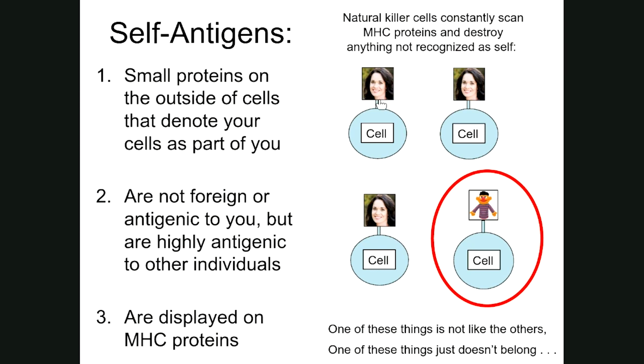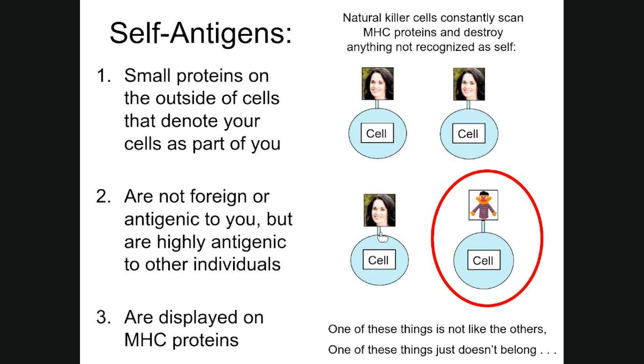I very often think of the self-antigens as a flag and the MHC protein as a flagpole. And basically what we've got going on in our bodies at all times is we have immune system cells that are crawling over all of our cells, and they're looking for these MHC proteins and what the MHC proteins are actually displaying. And as long as they see our self-antigens, that lets them know, hey, this cell is good, it's okay, it's a part of our body.